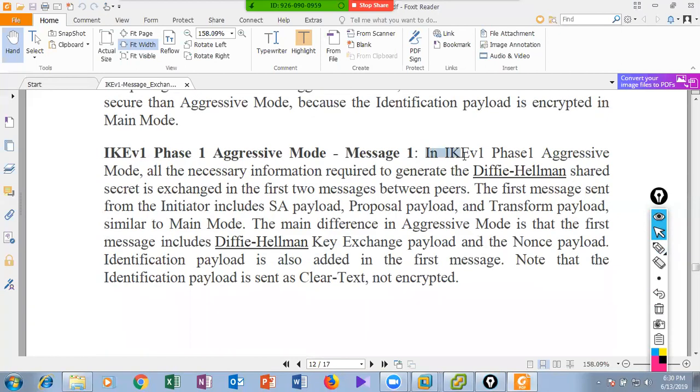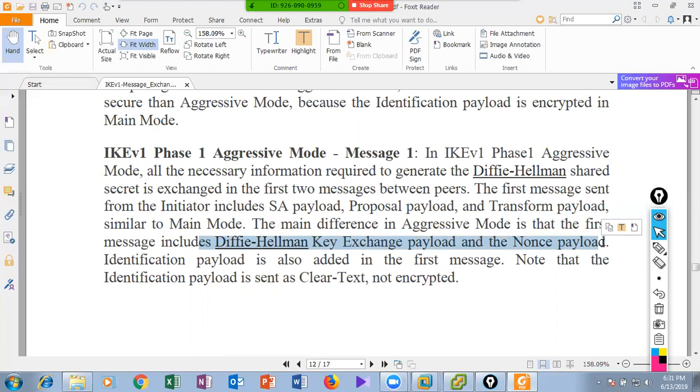If I see the aggressive mode first message exchange in IKEv1 phase 1, all the necessary information required to generate the Diffie-Hellman shared secret key is exchanged in the first 2 message exchanges between the pair. So your proposal and the Diffie-Hellman key itself are shared in the first and second message exchange. The first message sent from the initiator includes the SA payload, SA proposal payload, and transform payload, similar to main mode. The main difference in aggressive mode is that the first message also includes the Diffie-Hellman key payload and nonce payload.